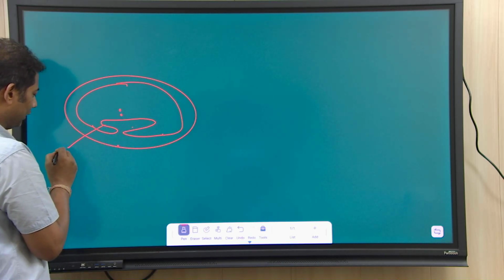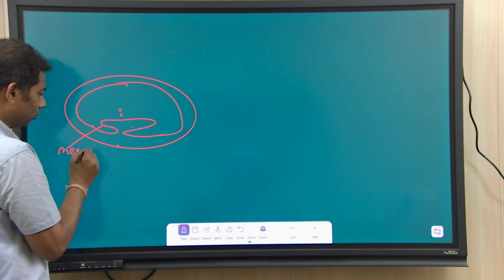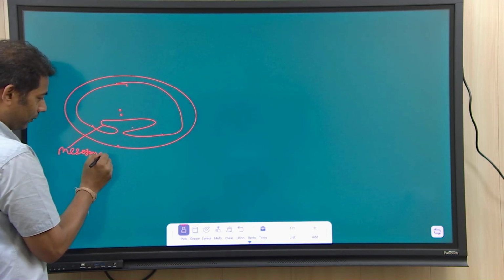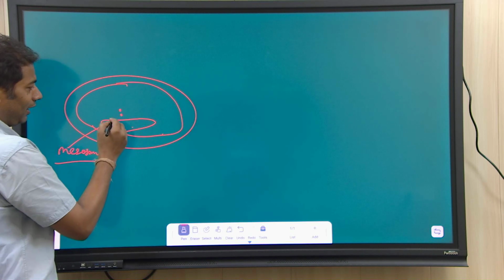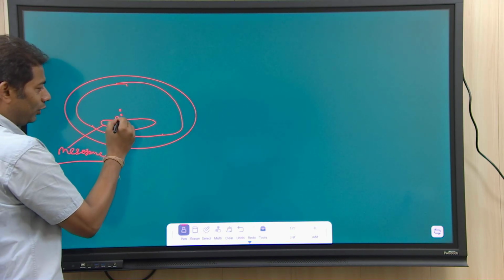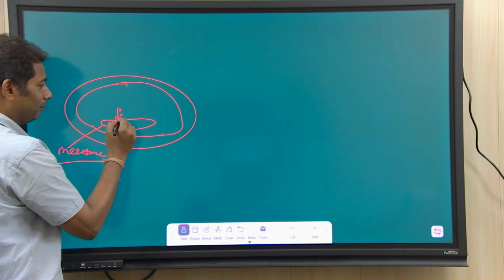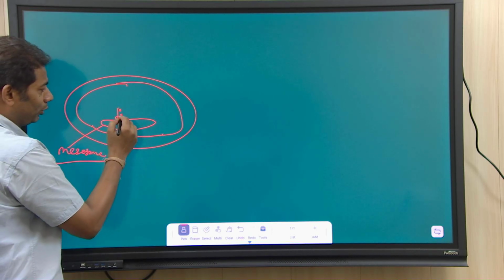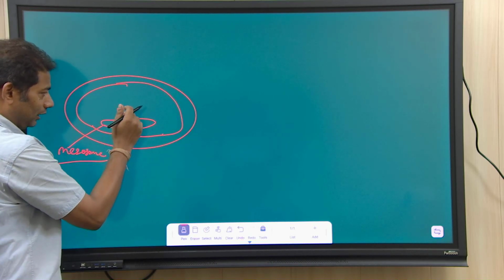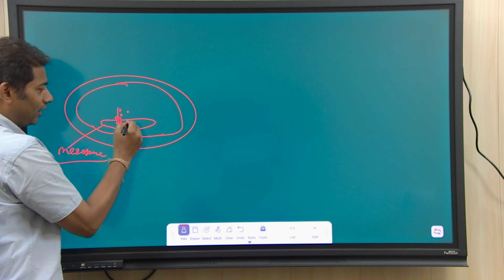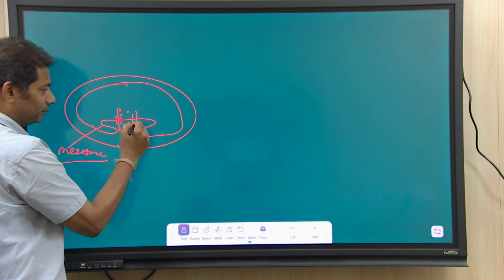This specific organelle is named mesosome in the case of bacteria, and the proton gradient is created across the membrane, and then the protons move from outer to inner, and through this gradient, the energy is generated.